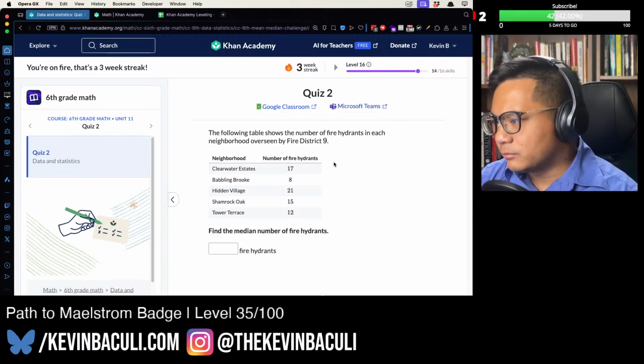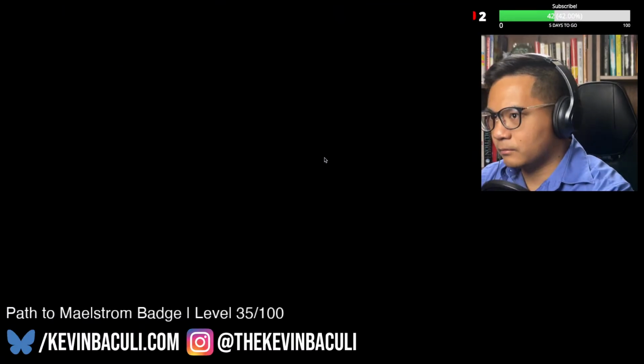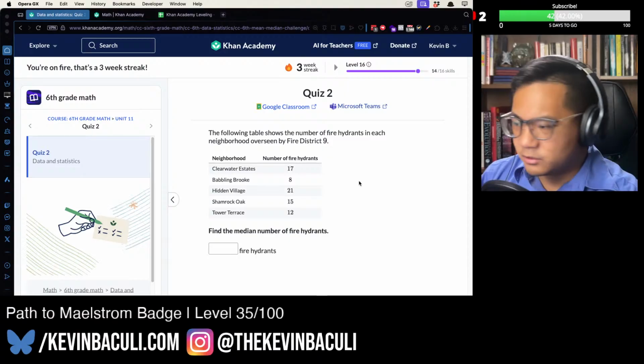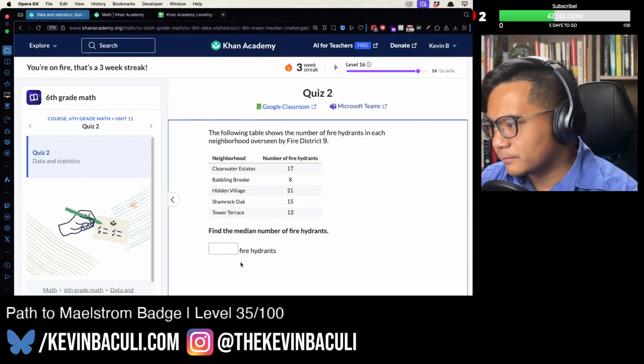The following table shows the number of fire hydrants in each lane. Find the median number of fire hydrants. 15.